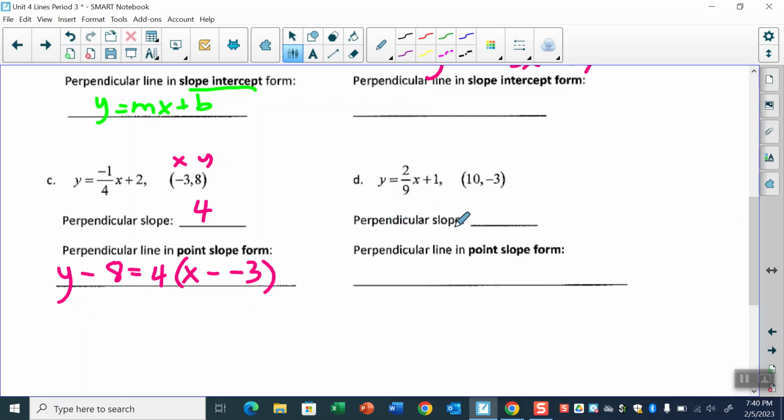And then here, perpendicular, so it's going to be minus 9/2. And then point slope form, y minus, x minus. And oh, there's one more little thing to tidy up there.